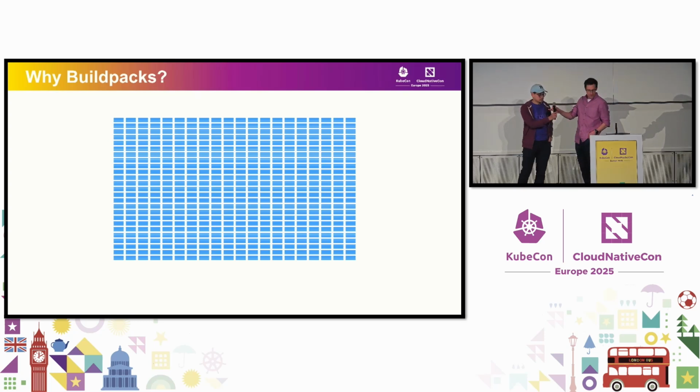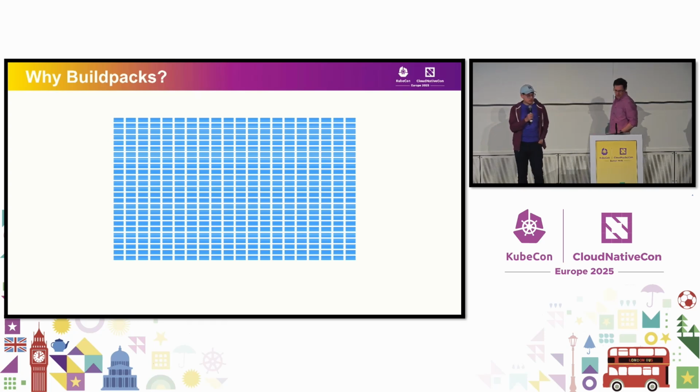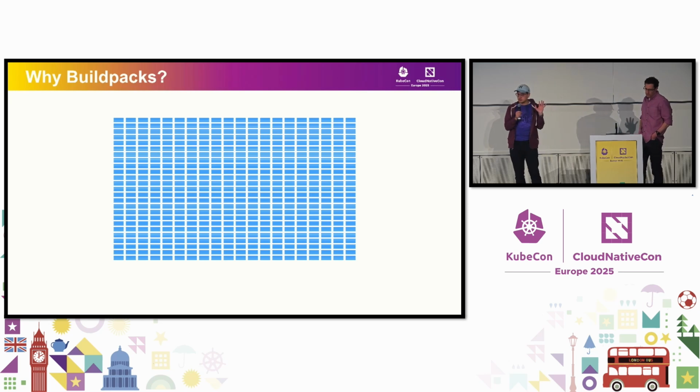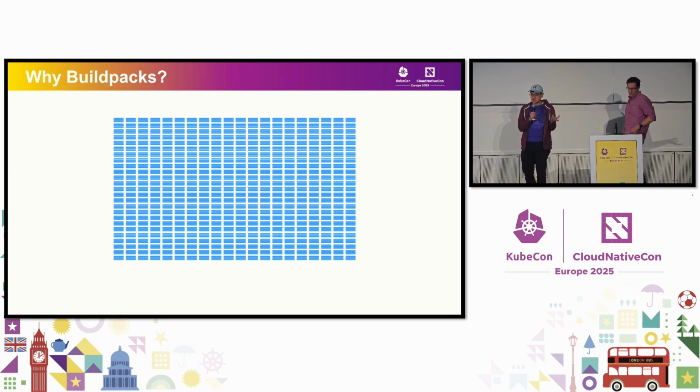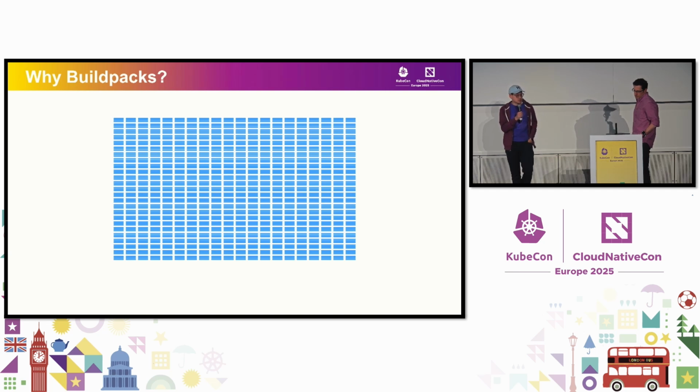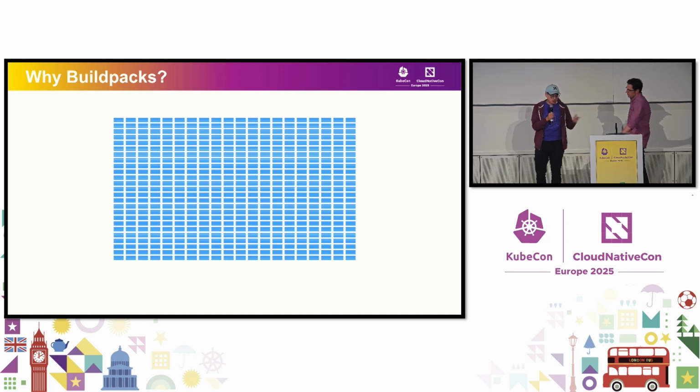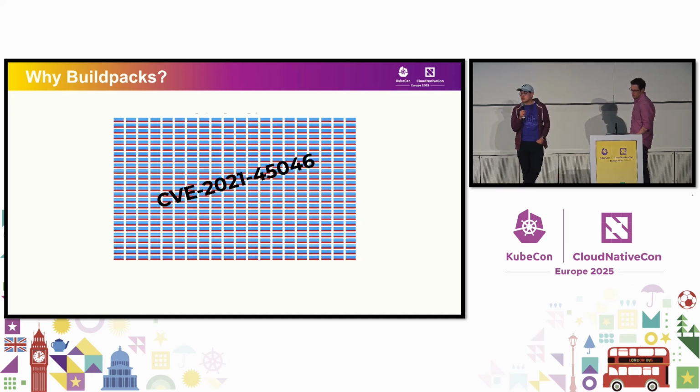Yeah, thanks, Joe. Most organizations aren't building just a single app, you're building hundreds, thousands of applications, container images in your registry. One of the features we have in cloud-native Buildpacks is a concept called rebase. So what happens when you get a CVE in your base image?